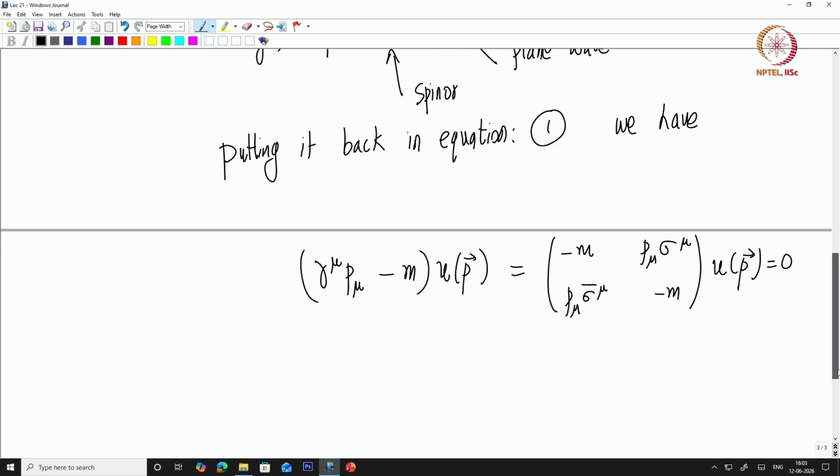Now sigma and sigma bar I introduced in the previous class. They are saying that σ^μ = (1, σ^i), σ̄^μ = (1, −σ^i).